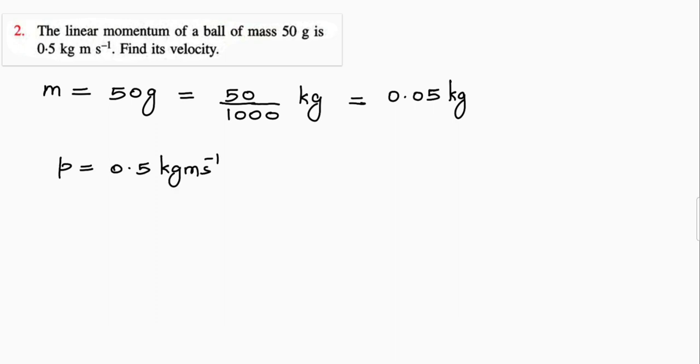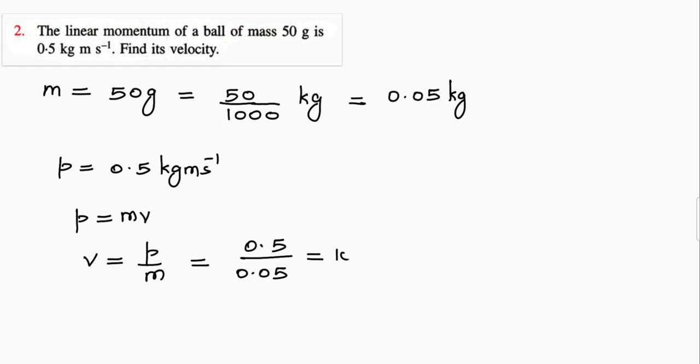Momentum is given as 0.5 kilogram meters per second. Let's write the formula. Therefore, v will be equal to momentum upon mass, that is 0.5 upon 0.05, which is 10 meters per second.